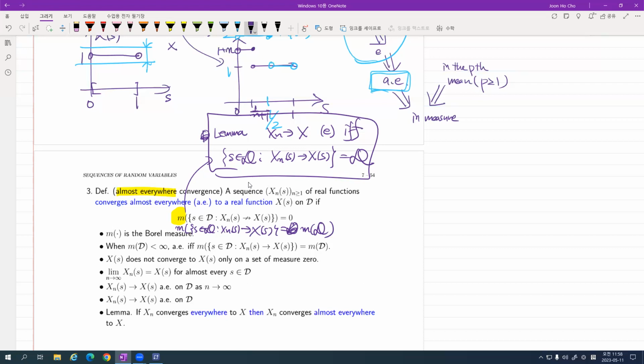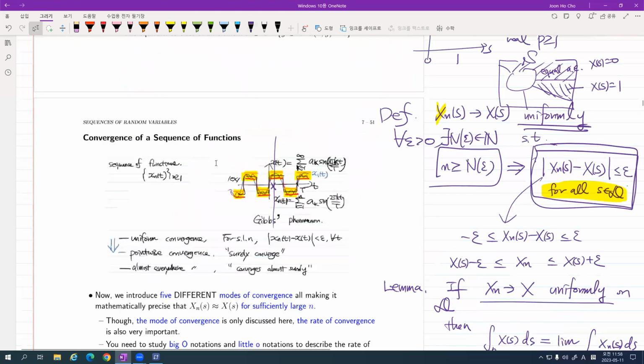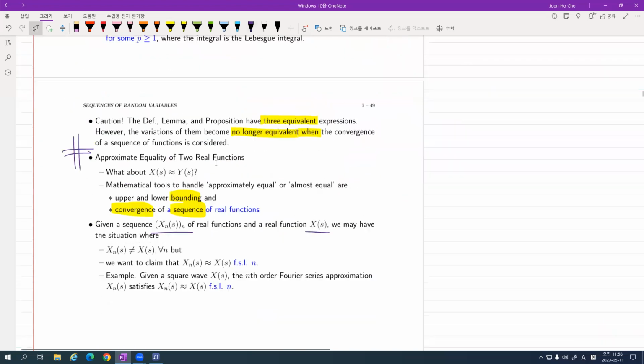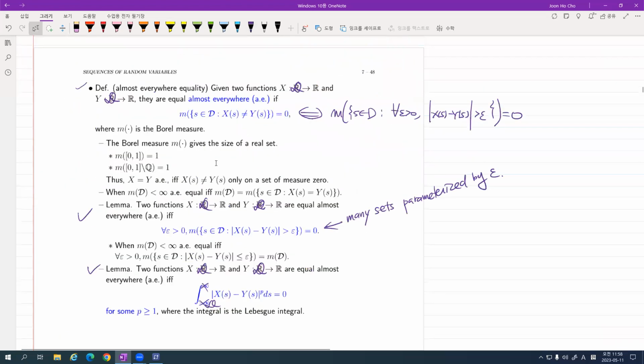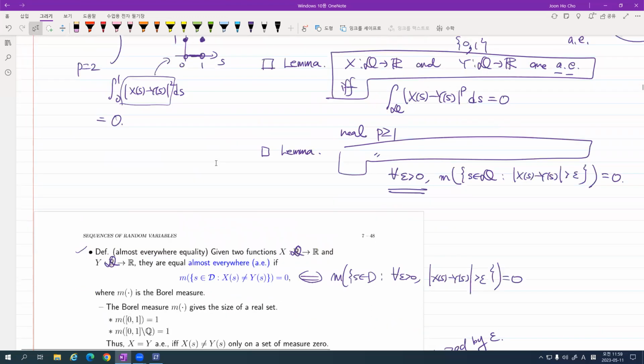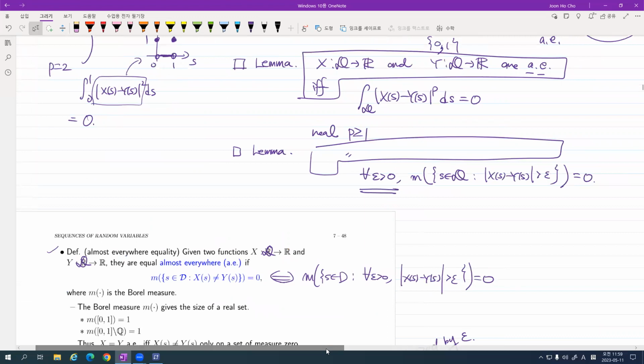Got it? The same goes for the almost everywhere equality. Now you see here, I didn't say the measure of the set equals the measure of D, because the measure of D may be infinite.